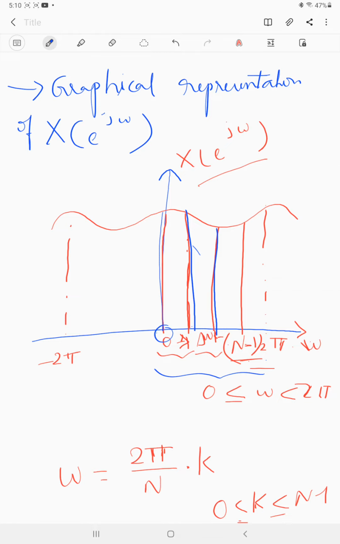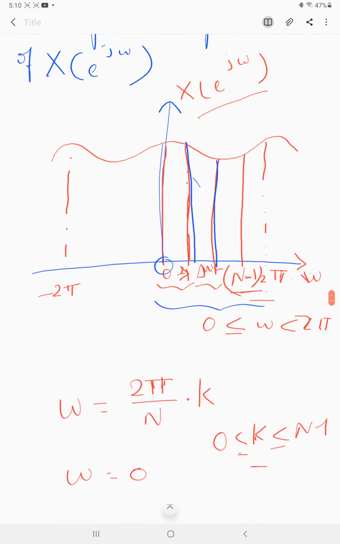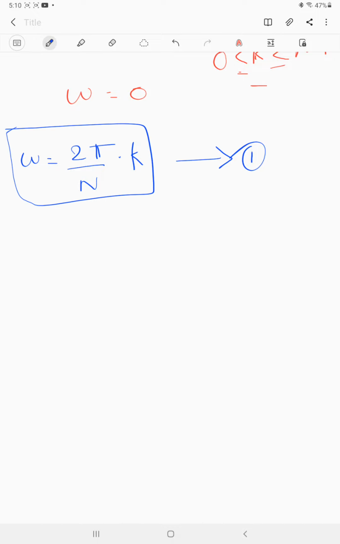These are the individual samples. Okay. If we replace omega equal to 2 pi by n into k in equation 1, then what we will get?